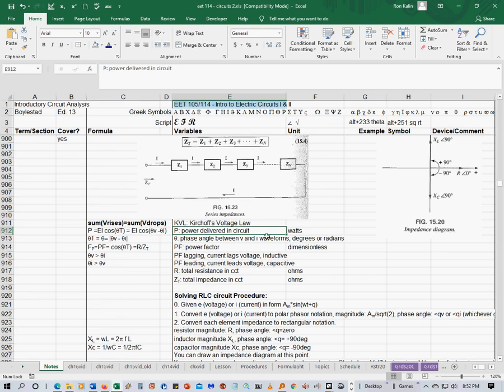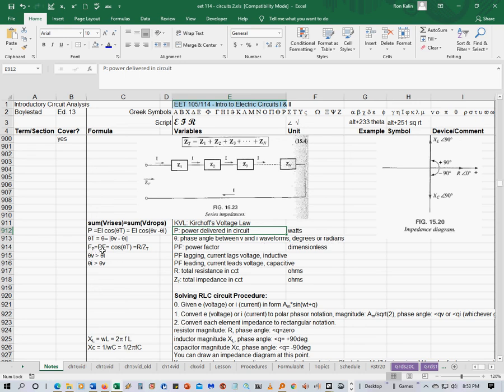The power delivered in the circuit in watts is equal to E times I times cosine of theta T, which is equal to E times I times cosine of the value theta V minus theta I. Okay, and then theta T is sometimes referred to as just theta, which equals the absolute value of theta V minus theta I. It's the phase angle between the voltage and current waveforms in degrees or radians.